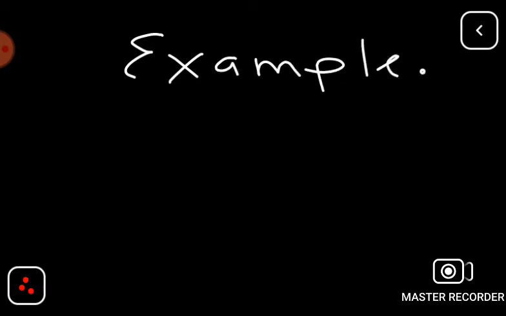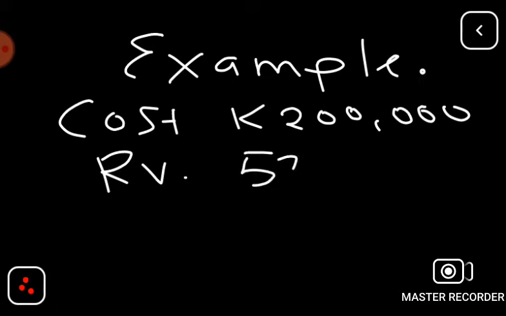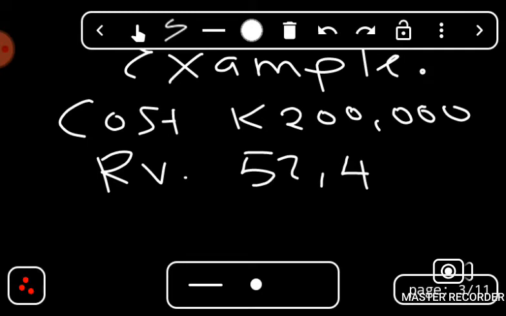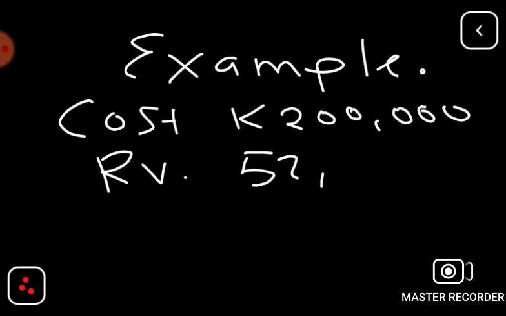So let's take an example. The example says the cost of a fixed asset is 200,000. The residue value, let me just retake that, let's make it 52,400.